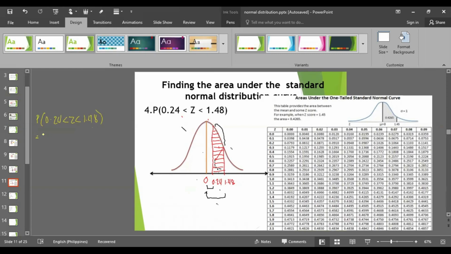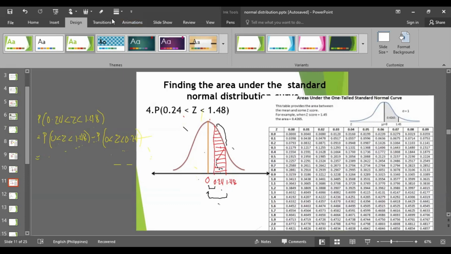So we have to write here the probability of the area between 0 and 1.48 to be subtracted to the probability of the area between 0 and 0.24. If this is the case, inuuna natin yung may mas mataas na z-score para hindi maging negative yung area natin.